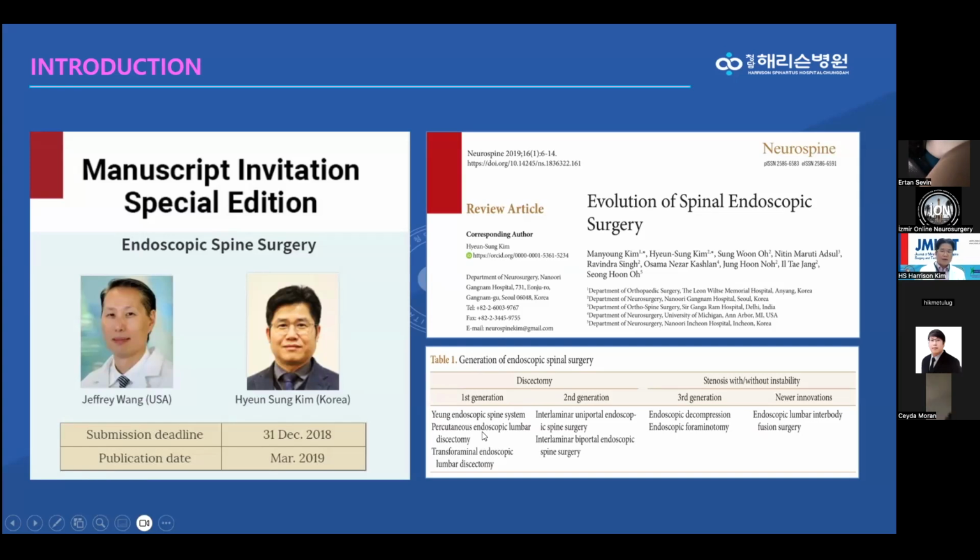Among them, the basics of endoscopic spinal surgery started from the transforaminal approach, so learning and performing it is a very important portion of endoscopic treatment.